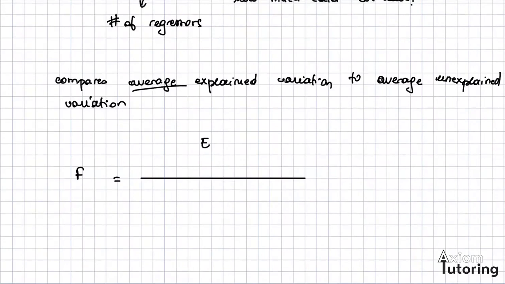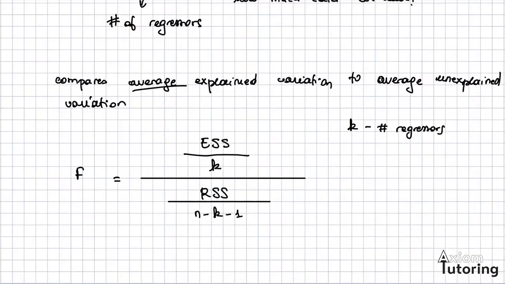is equal to the explained sum of squares divided by k, meaning the number of your regressors, divided by the residual sum of squares divided by n minus k minus 1.